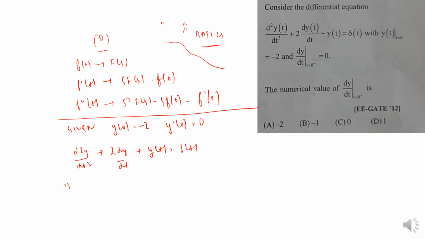What can we write about this? S square into y of s minus s into y of 0 minus y dash of 0, plus 2 into s into y of s minus y of 0, plus y of s is equal to 1. This is what we get on applying the Laplace transform, right?